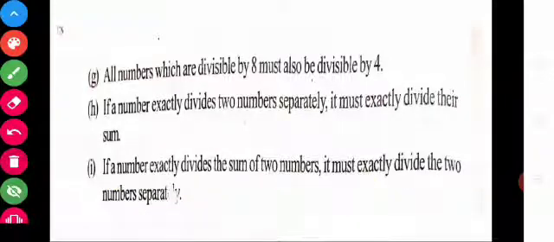The number 5 exactly divides the sum of the numbers 2 and 3. 2 plus 3 is 5, but 5 does not exactly divide these two numbers. So the statement is false. See the next sum.